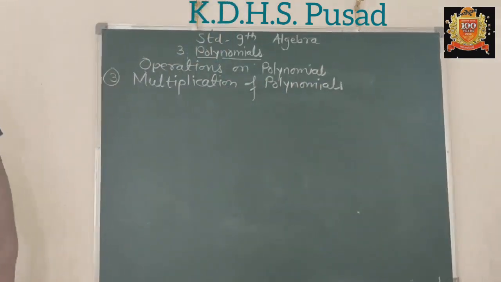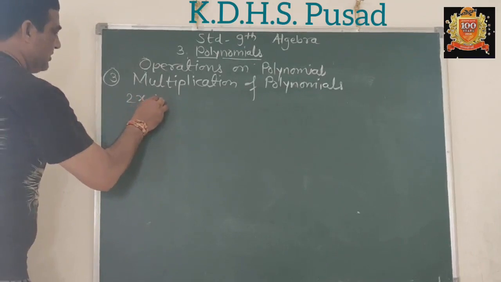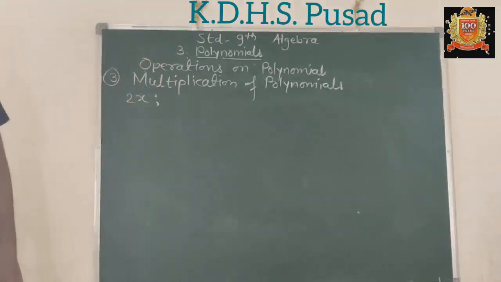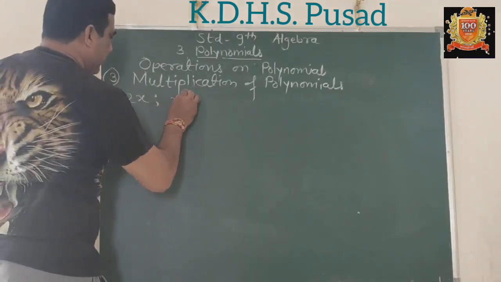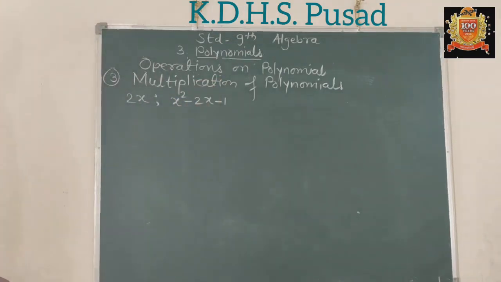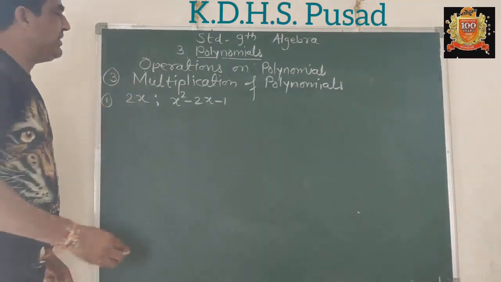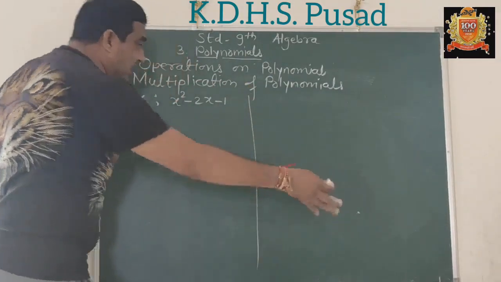So here I consider the example 2x and the second one given to you, x square minus 2x minus 1. Okay. First example I consider. Then I consider one more example so that you can understand easily.